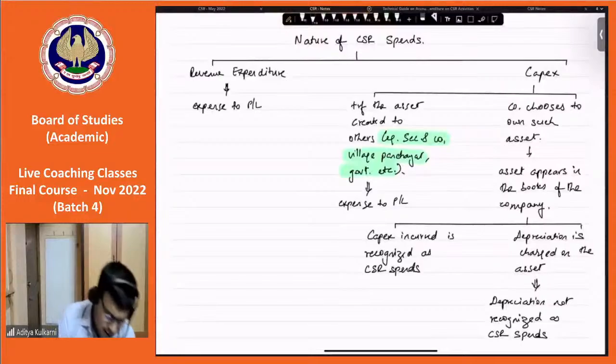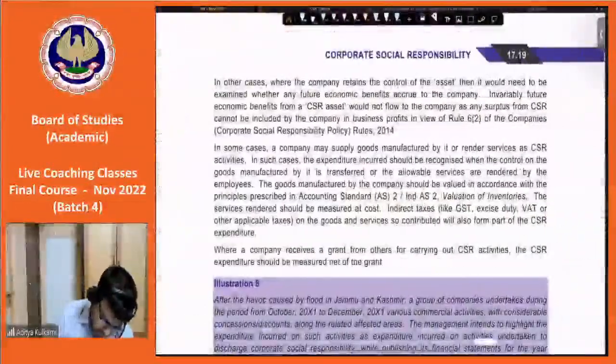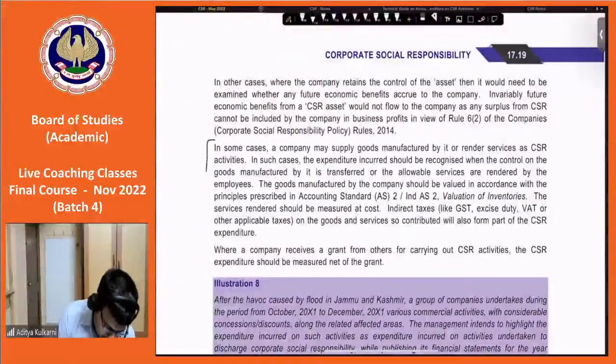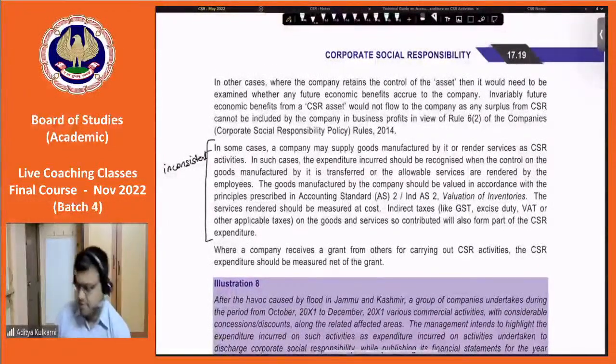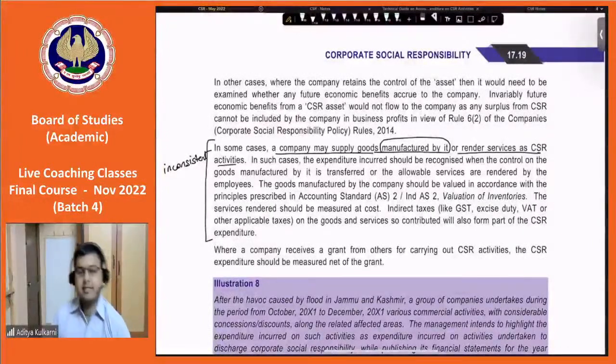Now look at the things which are mentioned here. This particular part is inconsistent. Why is it inconsistent? A company may supply goods manufactured by it or render services as CSR activities.